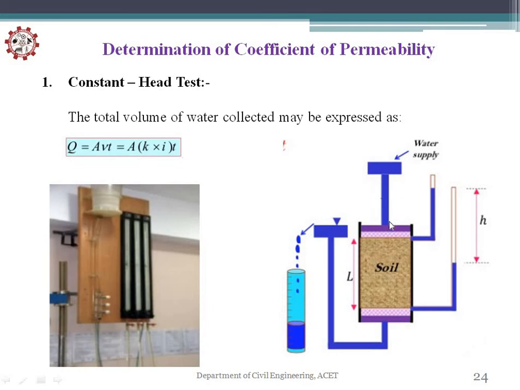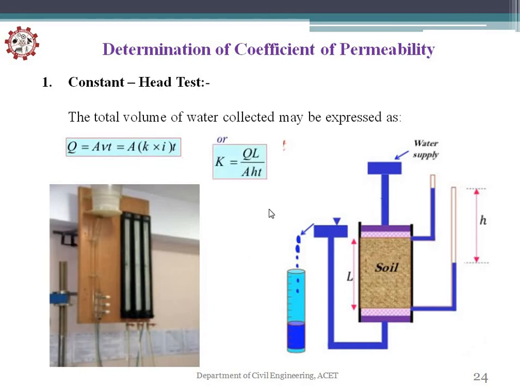Water is passed and the time is noted with respect to the discharge of the flow of water. How much time the water requires to pass through this area and come to this container is noted.